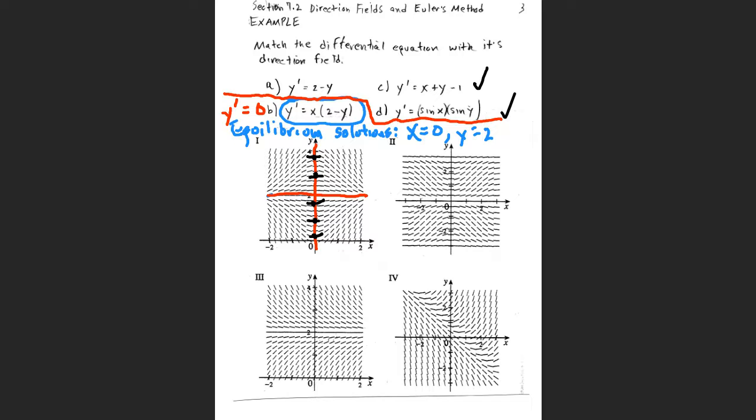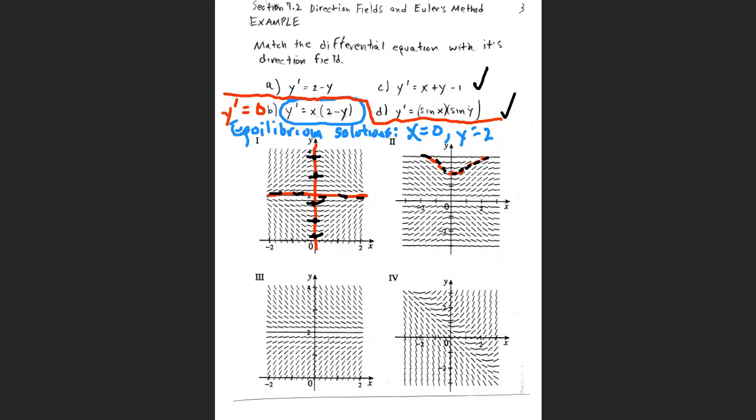But if you look at y equals 2 here, the tangent lines are not flat like they are here. Probably what I should have done over here, I'll just do it. These are my tangent lines, and they're all flat, but they're not flat here.